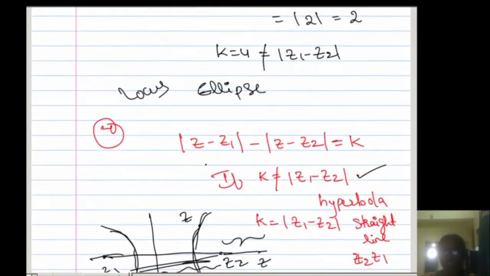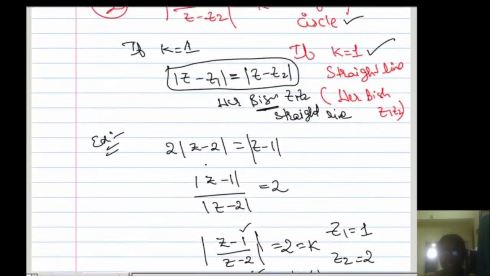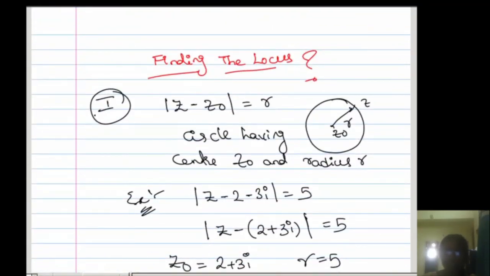Okay, so let us revise the things once again. What is our first condition? Mod z minus z naught is equal to r.